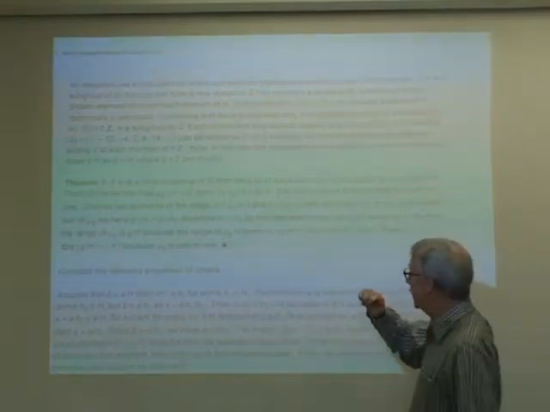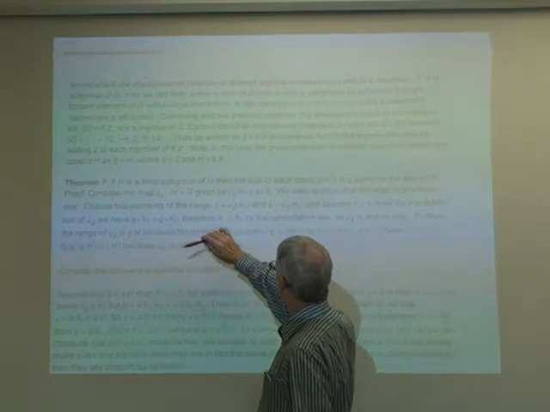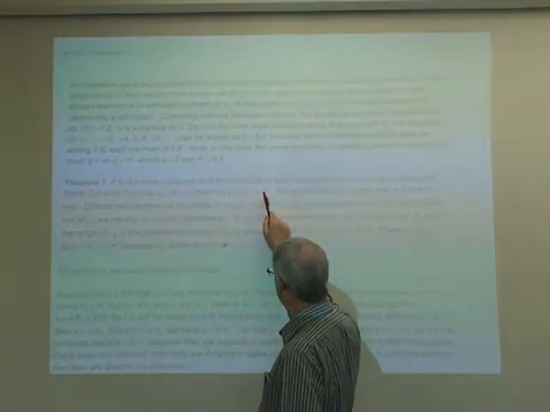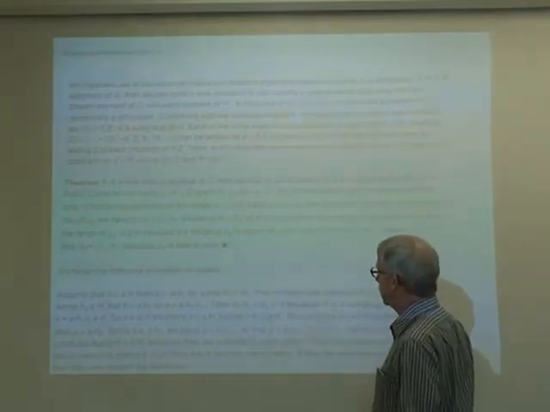And the bijection is listed there. So we define this map. It takes each element of H and multiplies it by g. And essentially by the cancellation law in the group, that's a bijection. And so that gives me both one-to-one and onto. So that means the sets are the same size.